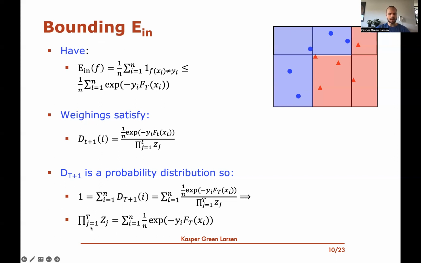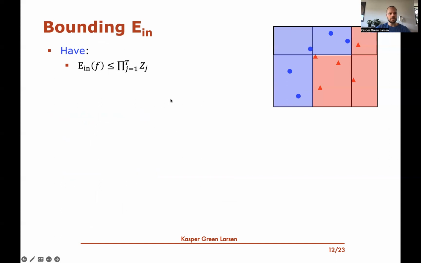Just by rewriting. So the in-sample error is bounded by the product of the normalization terms that you apply in each of these rounds of AdaBoost. This is a really surprising connection, but nonetheless.